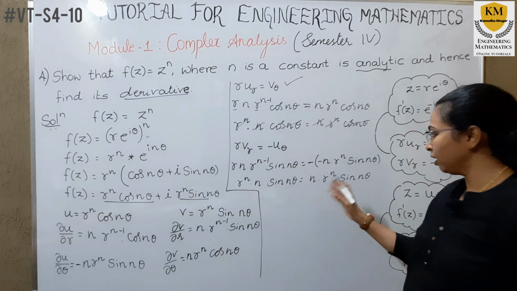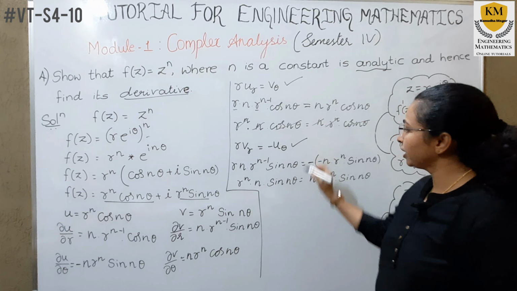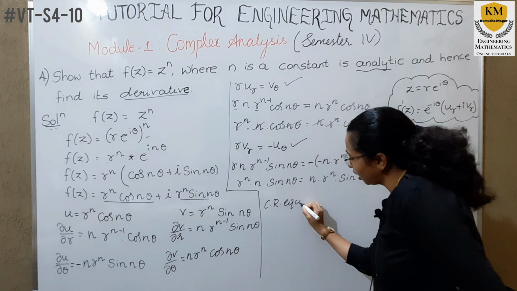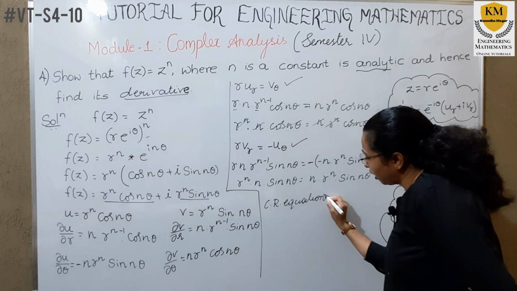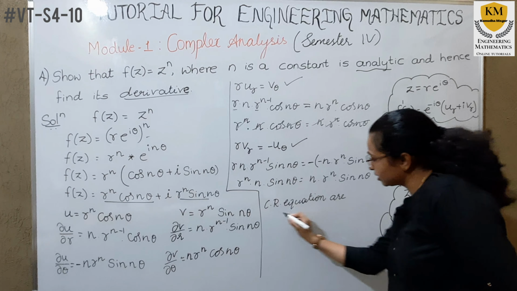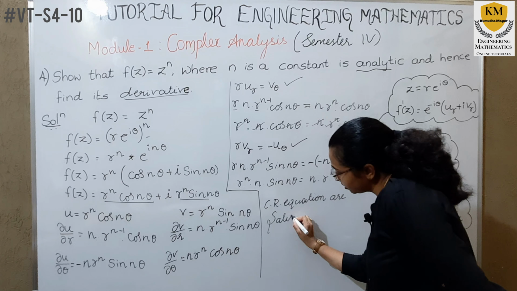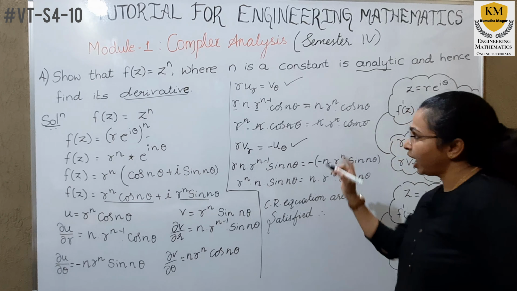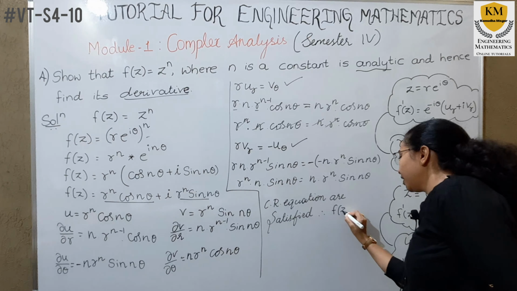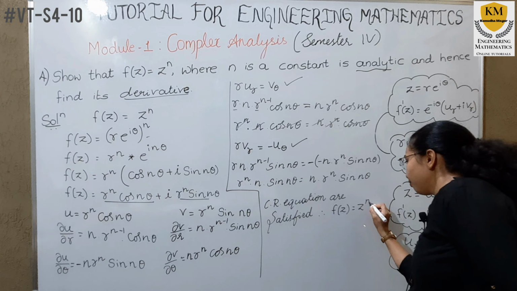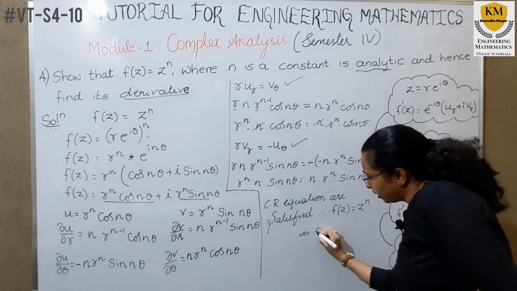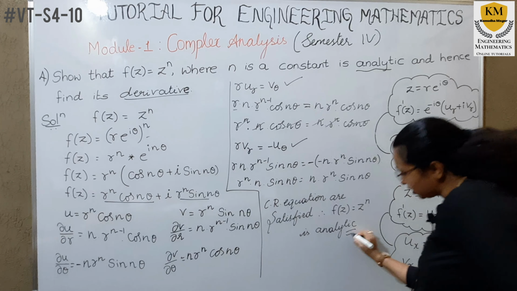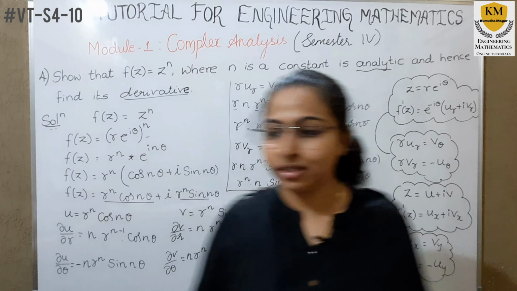So if you see both are equal, I can also say that the CR equations are satisfied. Therefore, I can say f of z is equal to z to the power of n is analytic. Isn't it? This is the first part of the question.